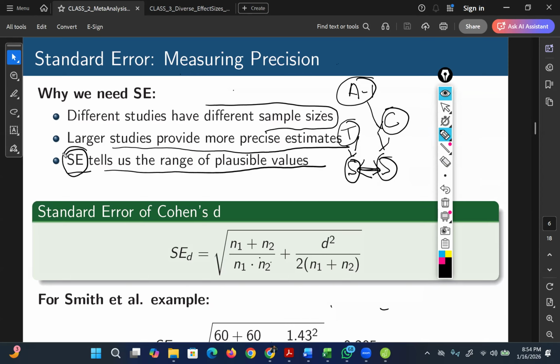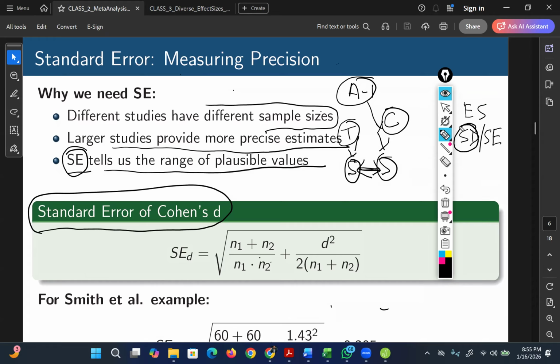Now, how to calculate the standard error of Cohen's d? As you know, for random effect or fixed effect calculation, we need an effect size, and at the same time we need a standard deviation or standard error. If it is one single group, we focus on the standard deviation.